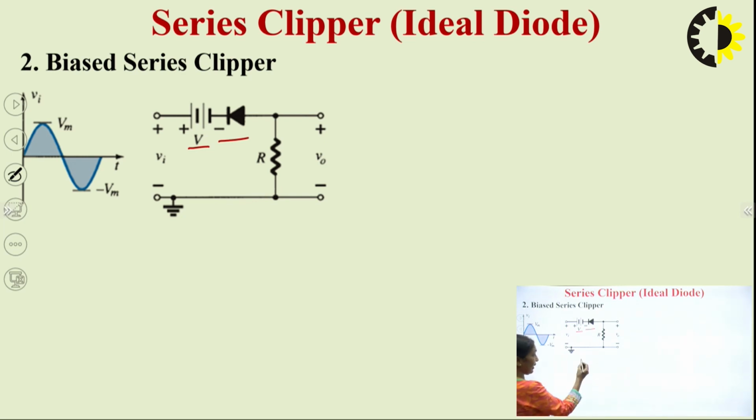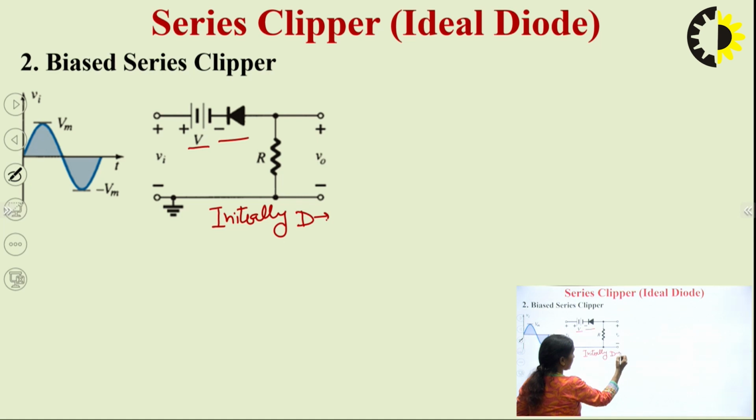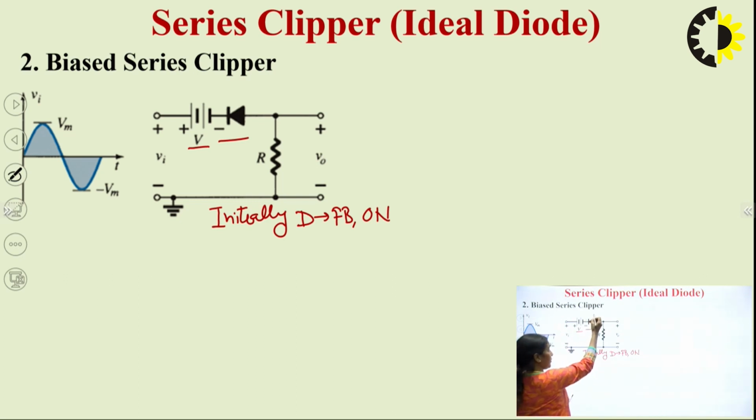So, initially we can say diode is on or forward bias. That means it is on. So, if your diode is on, again this diode is considered as the ideal diode.